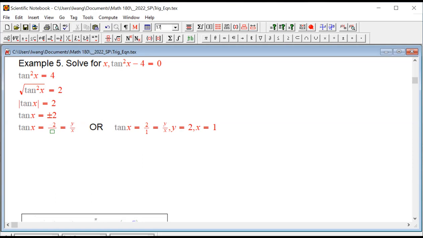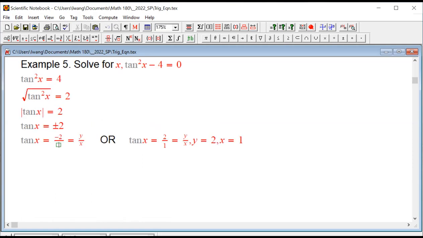Let me just make sure you can see the negative sign. That's y equals negative 2, x equals 1.